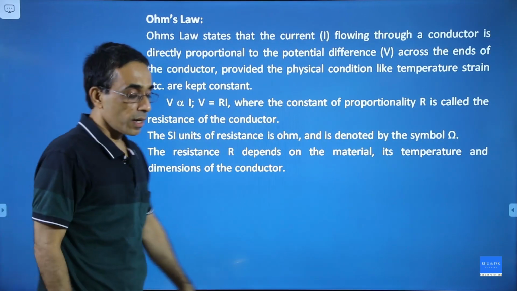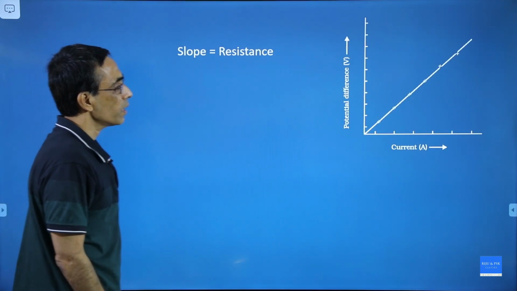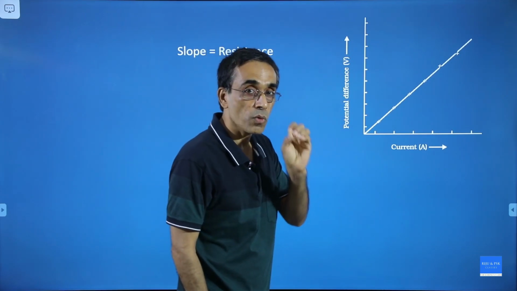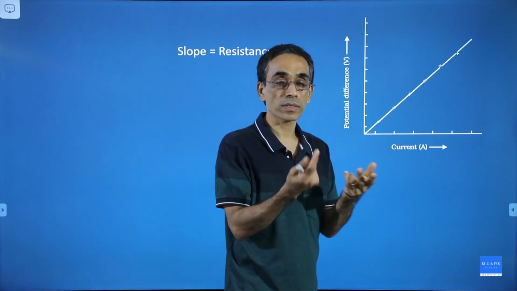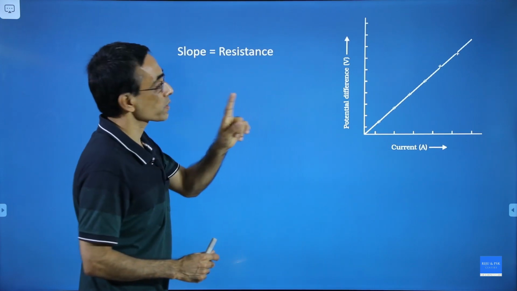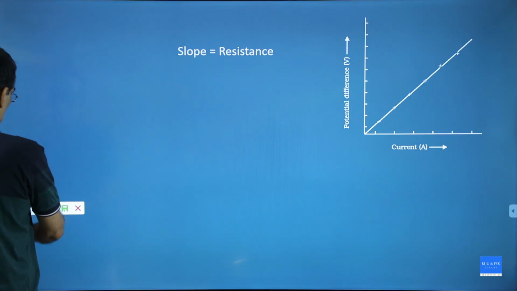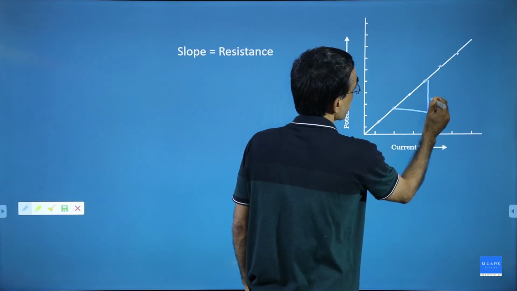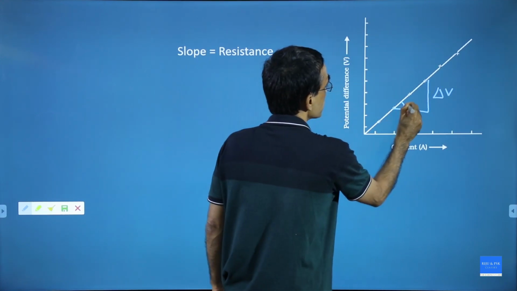Now, you also studied a graph of current and voltage like this. Be careful. Normally, potential difference, which is also known as voltage, is taken on this axis and current is taken on the other axis. You can do the reverse also, no problem. If it is given like this, the slope will give you resistance. You studied slope calculation in many areas, so no need to tell you. You consider a triangle, this will be equal to delta V, this will be equal to delta I, and this angle theta.